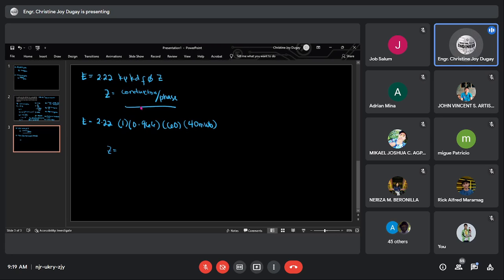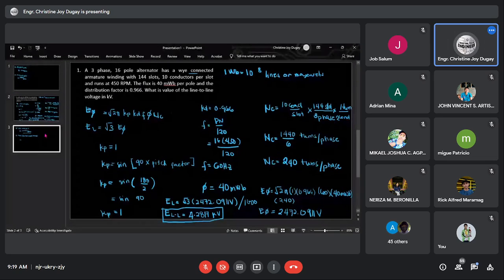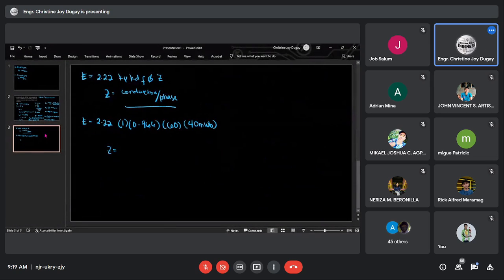So that is 10 conductors per slot, multiply nyo ngayon siya sa number of slot natin, 144 slot, no?